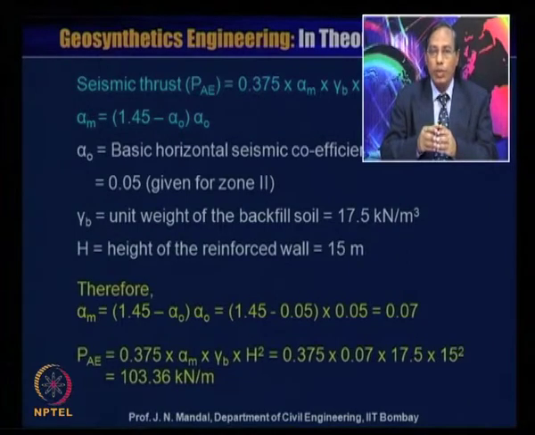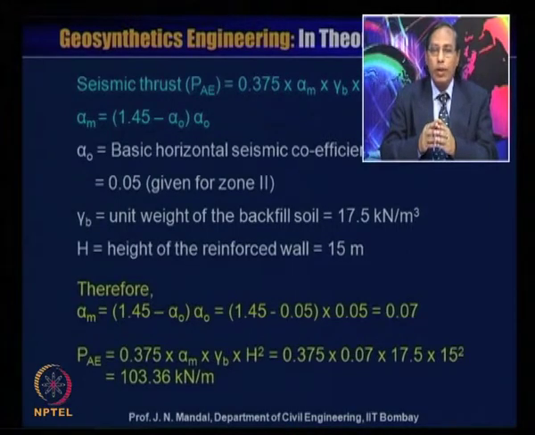So, ultimately we have to calculate the seismic thrust, that is PAE. PAE will be equal to 0.375 into alpha m, which we calculated as 0.07, and gamma b, the unit weight of the backfill soil, 17.5 kilonewton per meter cube, into h square, the height of the reinforced wall, that is 15 square.